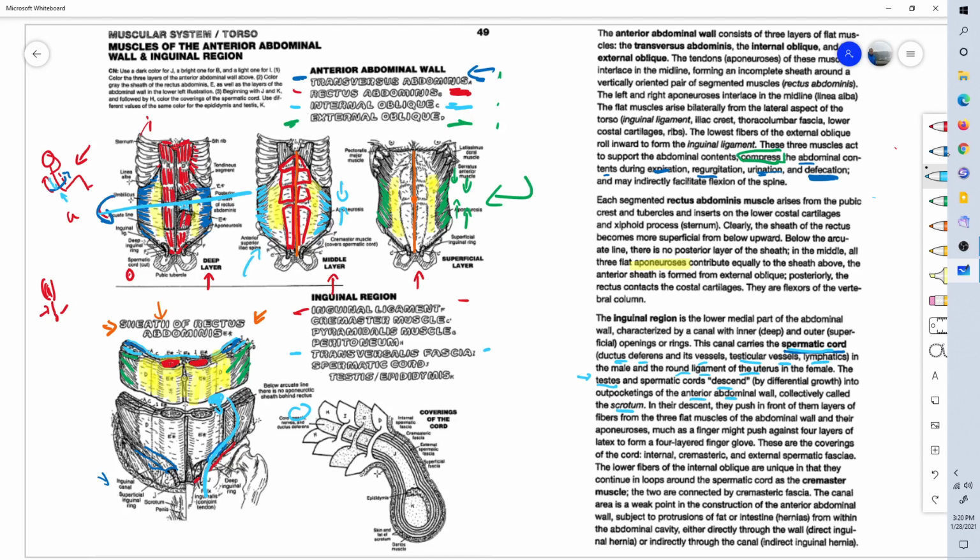When they pushed through, they took all the layers with them. They took all of the abdominal layers with them, starting with the transversalis fascia. As it pushed through the layers, it grabbed a layer of transversalis fascia with it.